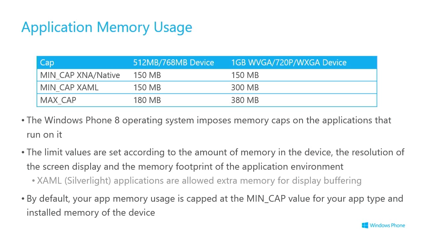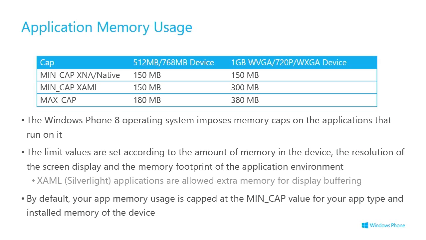If you were on a 512 meg device, which was the high-end phones under Windows Phone 7, you would be allowed to grow to over 120 or more. And it was a bit of a soft limit. It was dependent on what other apps were being cached in memory and how much was going on with first-party apps. So it was a slightly soft limit.